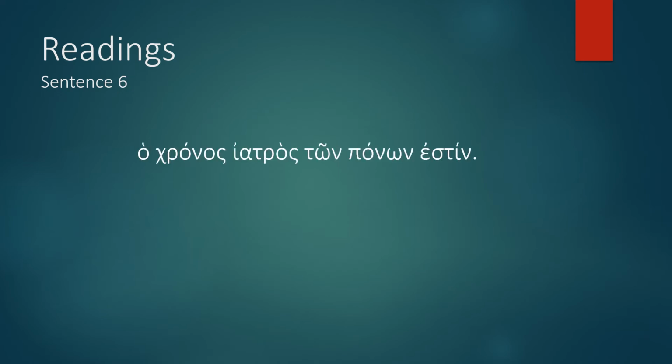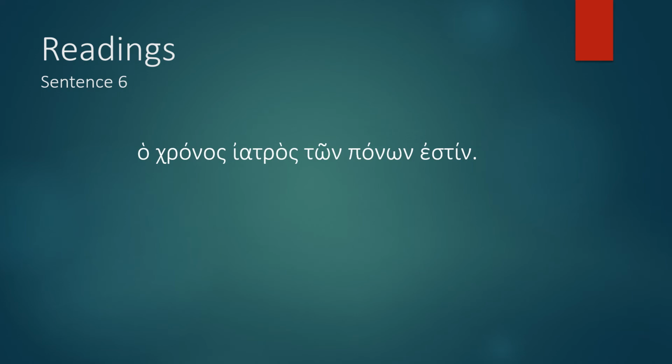Our next sentence, chronos iatros ton ponon estin. We are told by the gloss that iatros is a doctor or a physician. One English derivative being psychiatry. We also have podiatry, also pediatrician, pod, foot, pais or paidion, child.